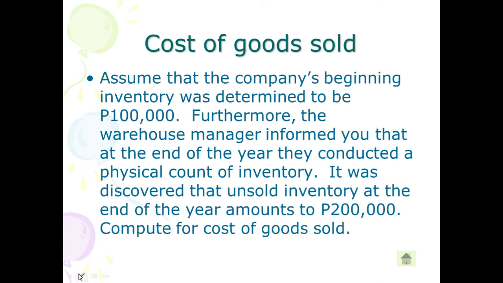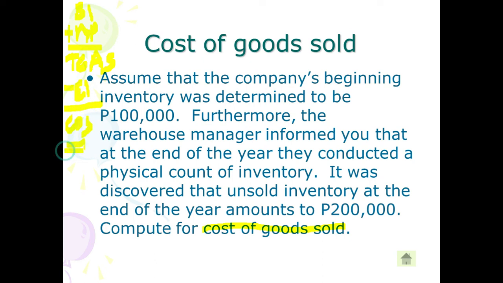This time we are asked to compute the cost of goods sold. If you remember, the formula is beginning inventory plus net cost of purchases, which gives total goods available for sale. From that, you deduct ending inventory.